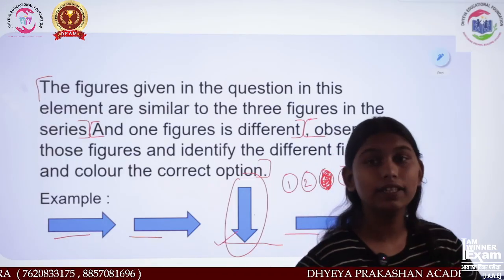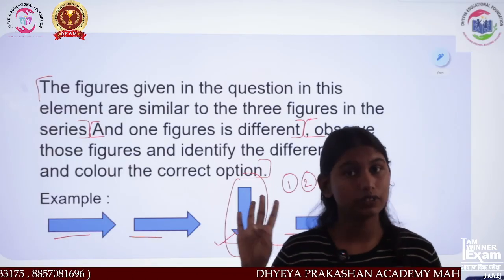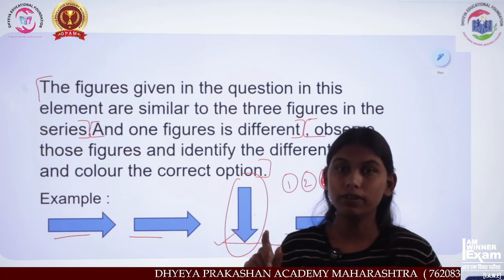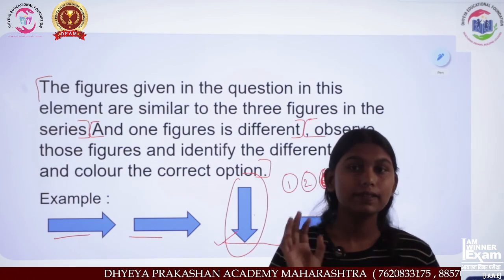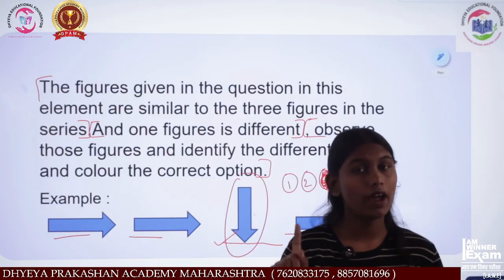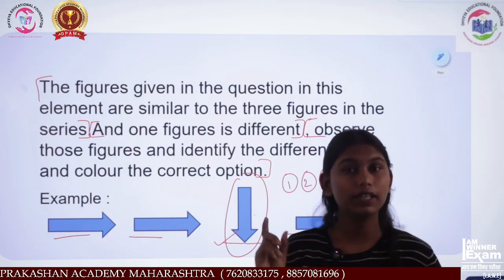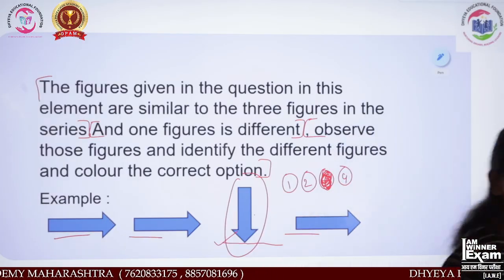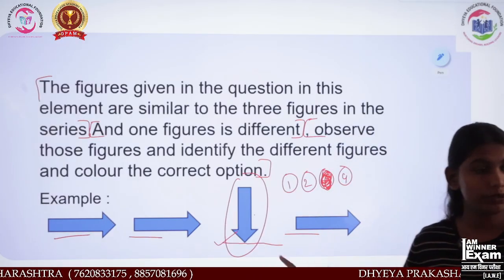In the question there were four figures and we have to find which figure is different. Three figures were the same but one figure is different, so we have to observe and find out which figure is different. This was the example that we took today.